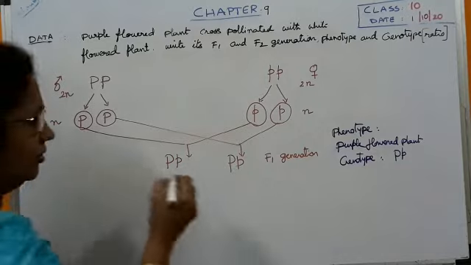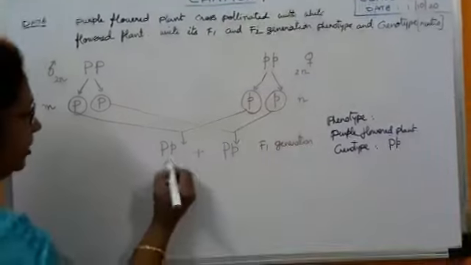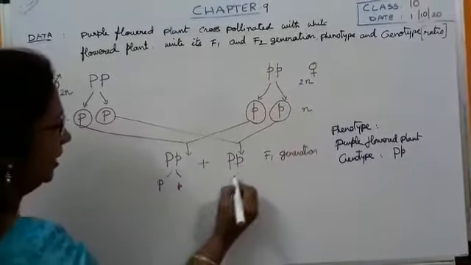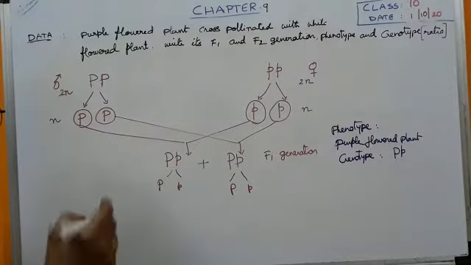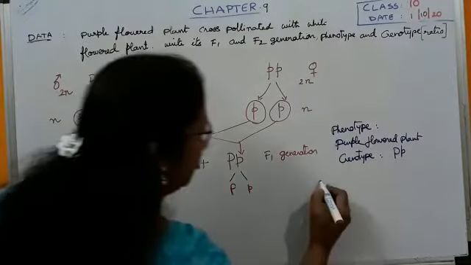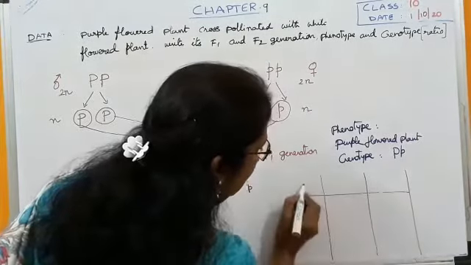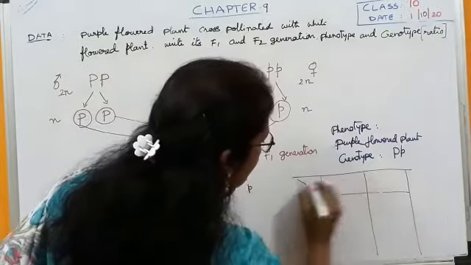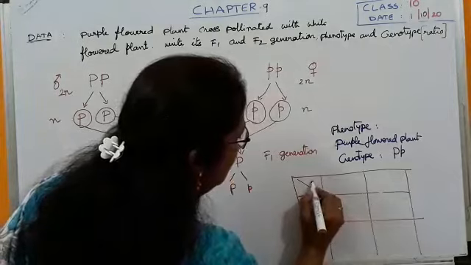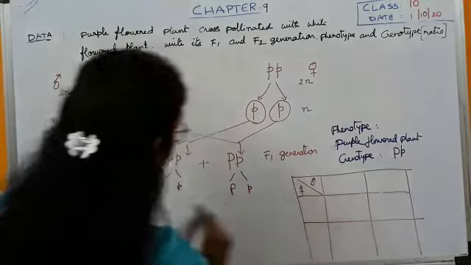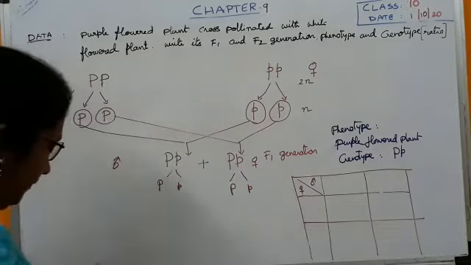Now, in the F1 generation, he has self-pollinated. When he self-pollinated, what happens? Capital P, small p, and capital P, small p. I will show this in the form of a Punnett square. So let us draw the Punnett square. This you consider as male and this as female.